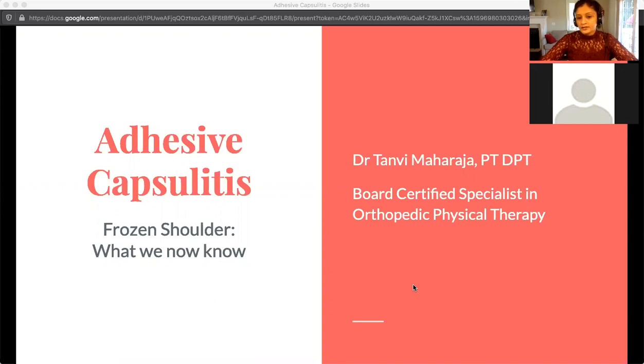And the third reason why this condition merits a little attention is so much new evidence has come up in the last few years regarding adhesive capsulitis that awareness of all the new research regarding frozen shoulder will help clinicians treat their patients in a better way.